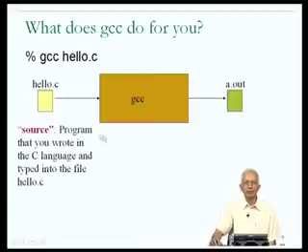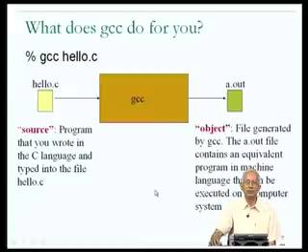And the terminology that is used is that we refer to the input program to GCC or to any program translator as the source. So it is the program that you have written in the C language and typed into the file called hello.c. Hello.c is the name of a file. So GCC takes in this file which contains a C program and generates a.out, which is what is known as an object file.